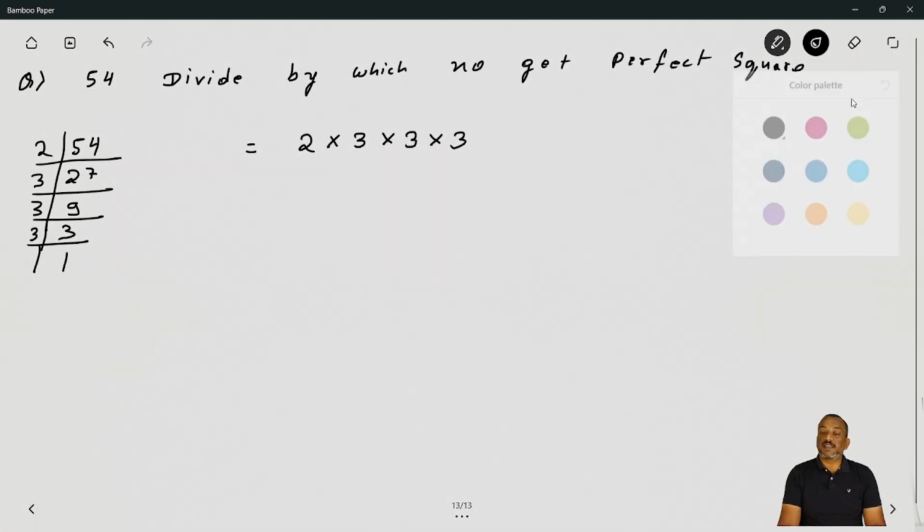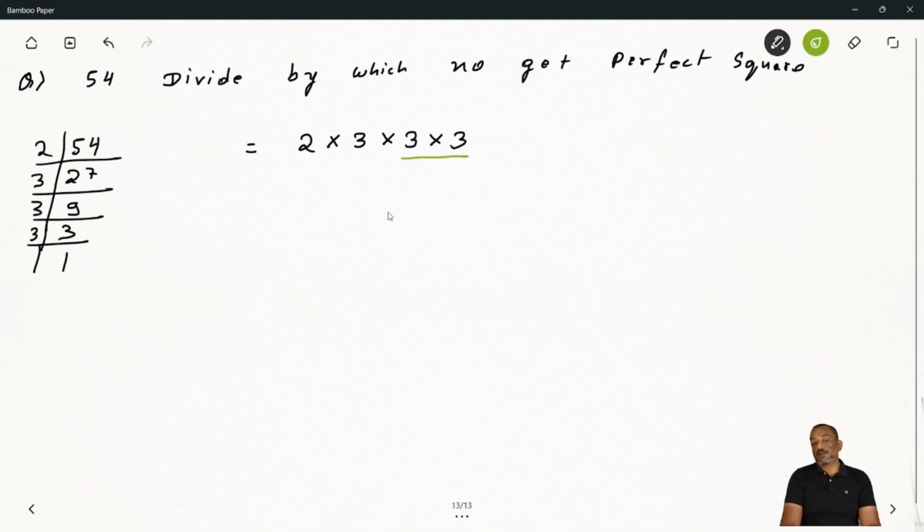So you can see in this one, what pair is coming? 3 times 3. But you can see this 2 and 3 are unpaired. So if we remove this 2 and 3, we will get a perfect square. 2 times 3 is 6. So if we divide 54 by 6, how much do you get? 9.